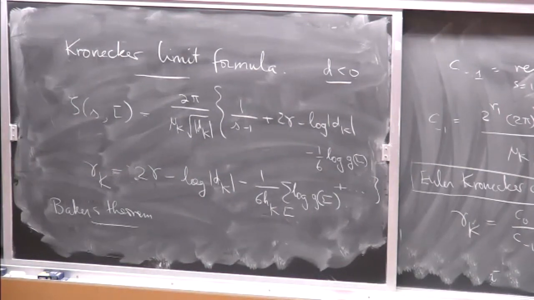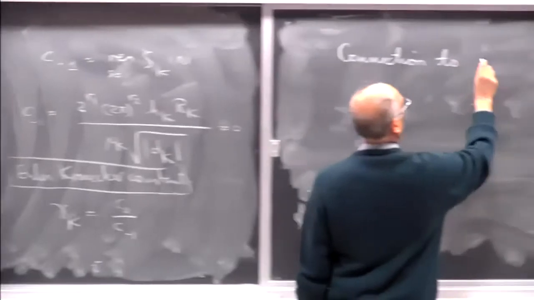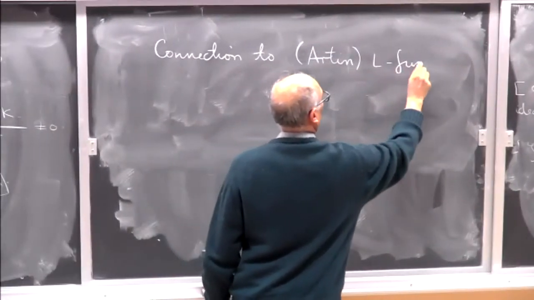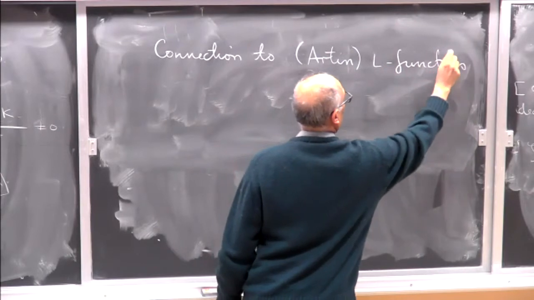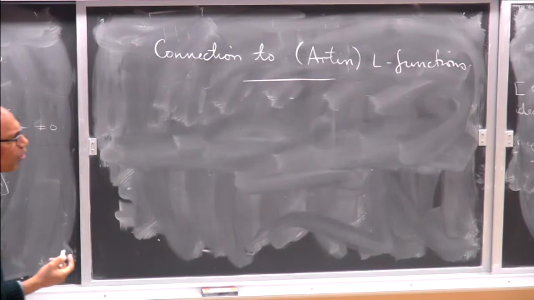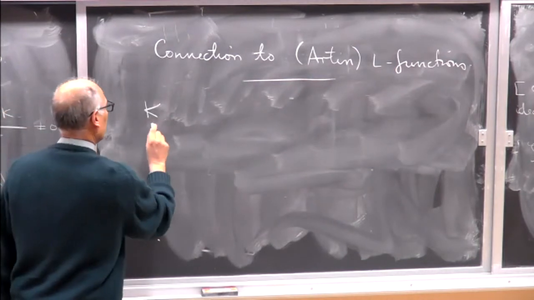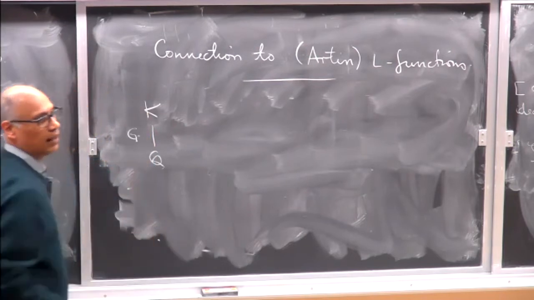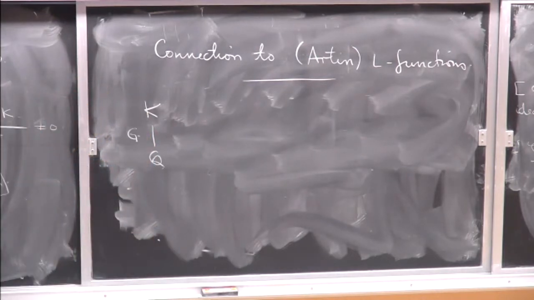Okay, next let me explain the connection to L functions. Let's assume for a moment, just for simplicity, that k over Q is Galois. If it's not Galois, you get a similar formula, a little bit more complicated.